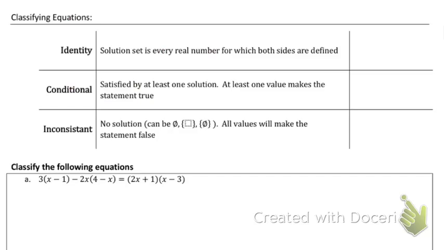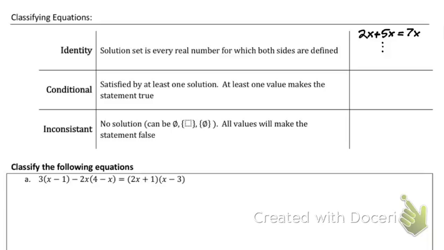All right, moving on. We have 3 different types of equations. We got more than that, but just for today. We have an identity. The solution set is every real number for which both sides are defined. What did I do as an example? I did 2x plus 5x equals 7x.